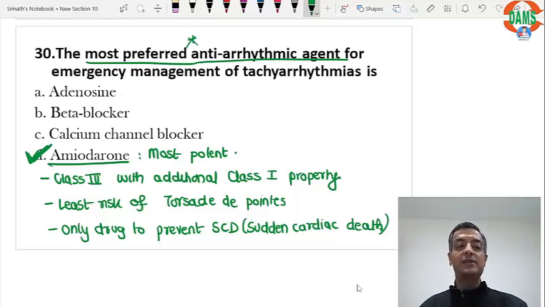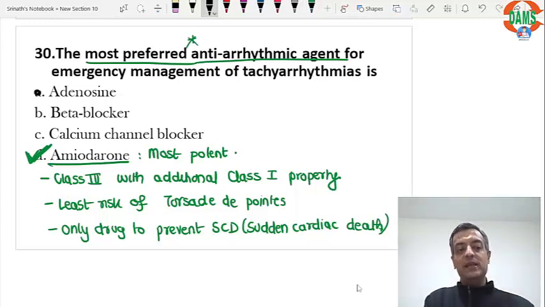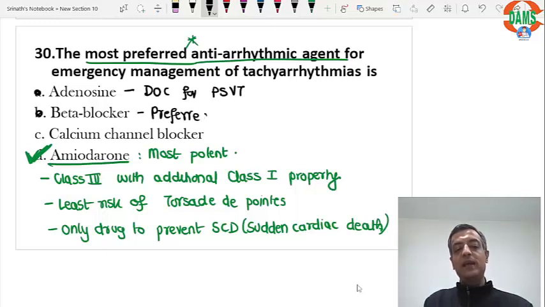in the emergency room. Please remember, adenosine remains the drug of choice for PSVT. Beta blocker is the preferred treatment for AFib prophylaxis.